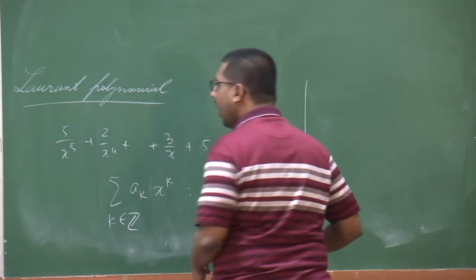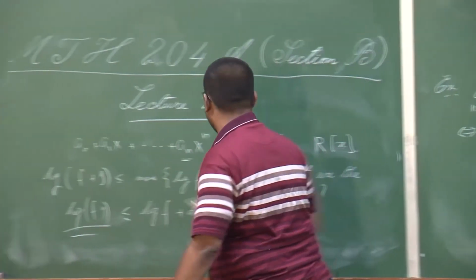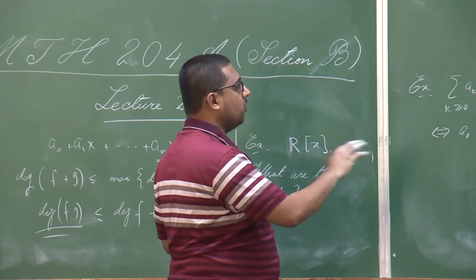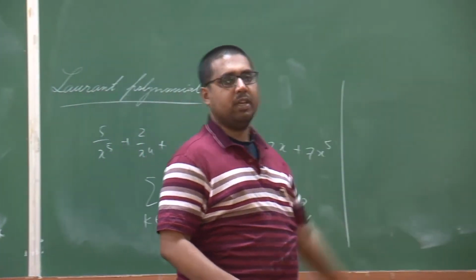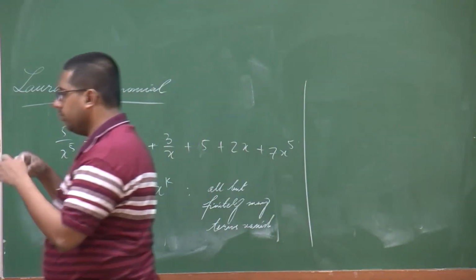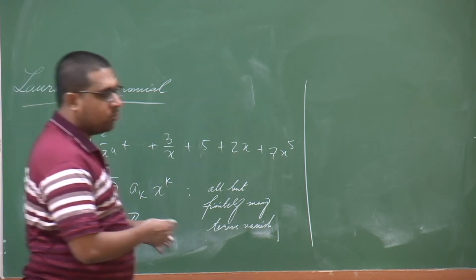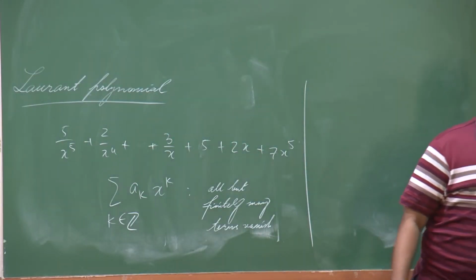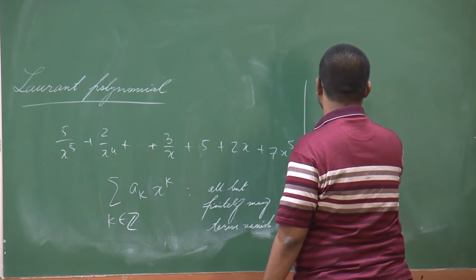In all this setup, these can be defined over any ring, but more often than not we consider the ring to be commutative, because when the ring is commutative we have better ways to deal with it and can do more interesting stuff. Now let us talk about Laurent series.